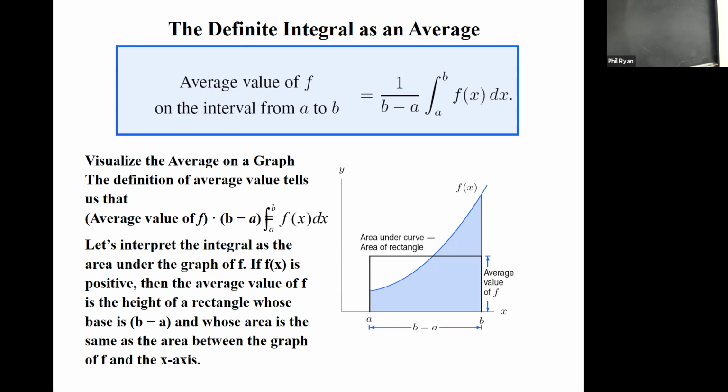Here, this is a sum, adding up all those rectangles, adding up all the values of the function. Then we divide by the length of the interval the integral is over. So that's the formula. When we look at a picture, hopefully that makes perfect sense.